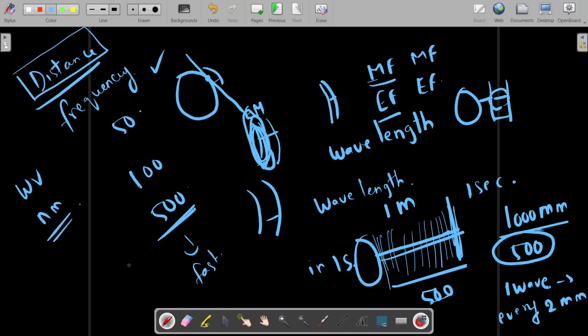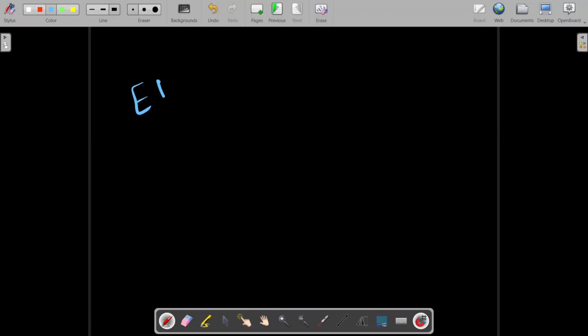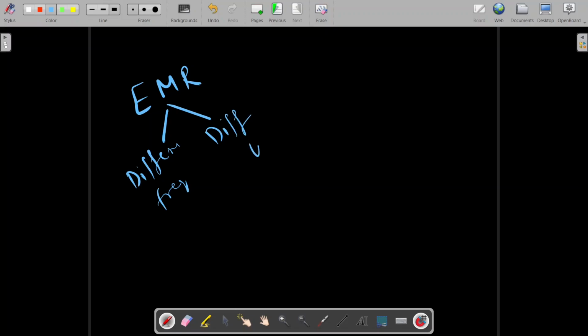Okay. So here, waves having different frequencies are generated, that is, electromagnetic radiation with different frequencies, that is, with different wavelengths.